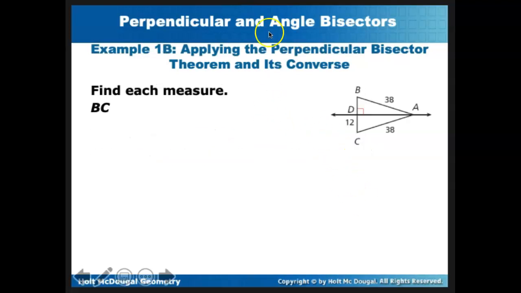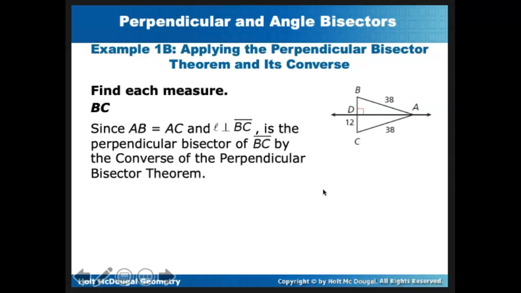BC, we have BC is the whole line. We're given that DC is 12, and we're given that this is perpendicular, and these two segments are congruent to one another. So that means that these two segments also must be congruent to one another. Therefore, BD will be 12, and BC will be 24.